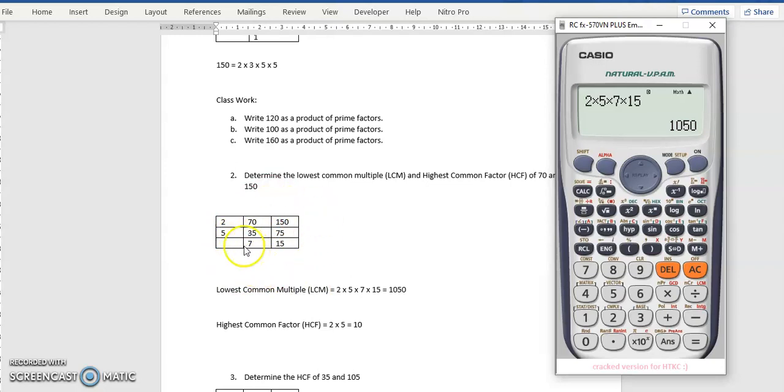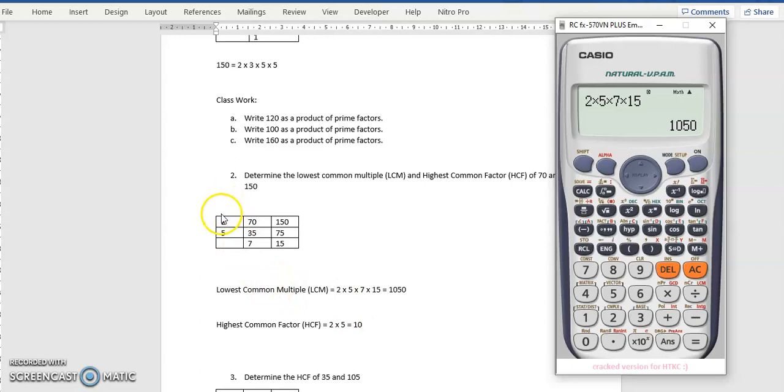What's our highest common factor? The numbers that you find here. So what are they? 2, that's this 2, times 5, that is this 5. And it gives you what? 10. Are we together? Let me repeat.